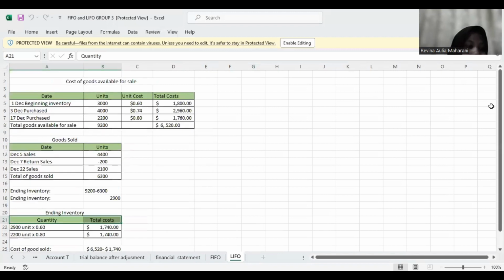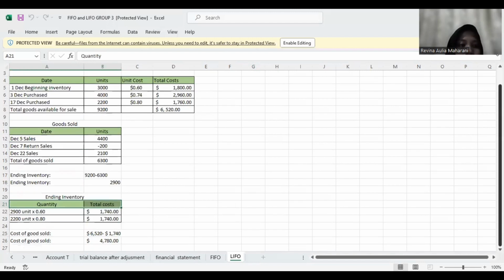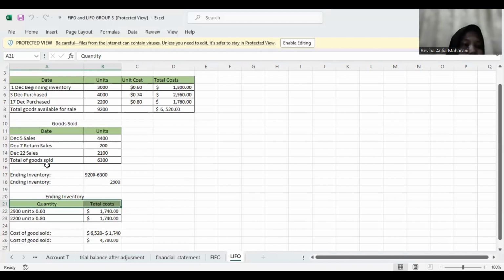In LIFO, the method assumes that the most recent product in a company's inventory has been sold first and uses those costs instead. Cost of goods available for sale is the same as in FIFO. So the difference between FIFO and LIFO is the ending inventory.